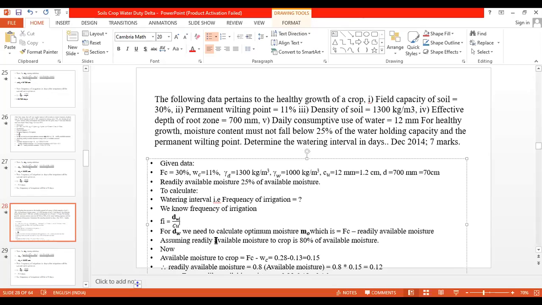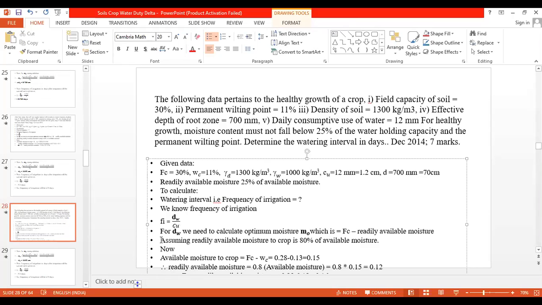For dW, we need to calculate the optimum moisture content, which is field capacity minus readily available moisture. The readily available moisture is given as 25% of available moisture.